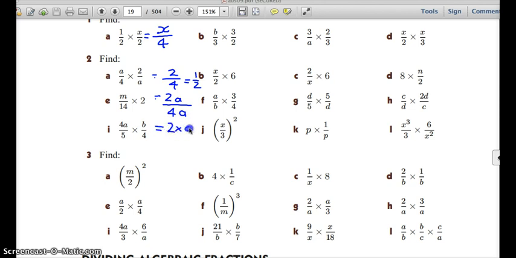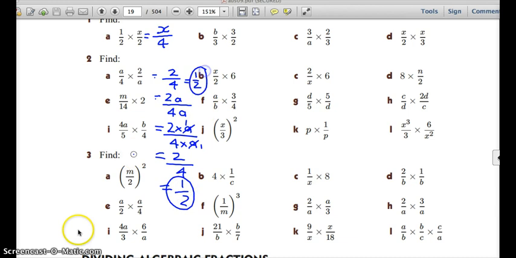Remember now we've got this, and they cancel each other out. That leaves us with 2 times 1 over 4 times 1, which leaves us with 1/2. Same answer. Like I've always said, there's more than one way of doing a maths problem.